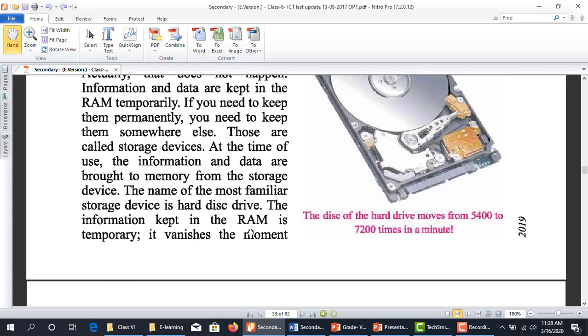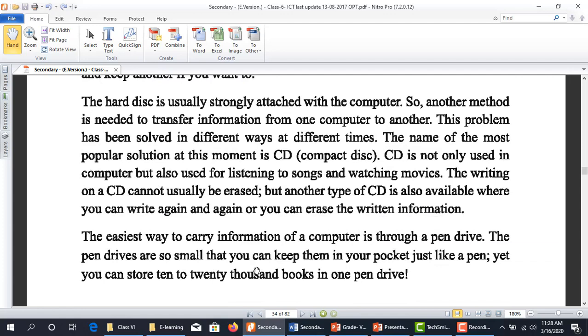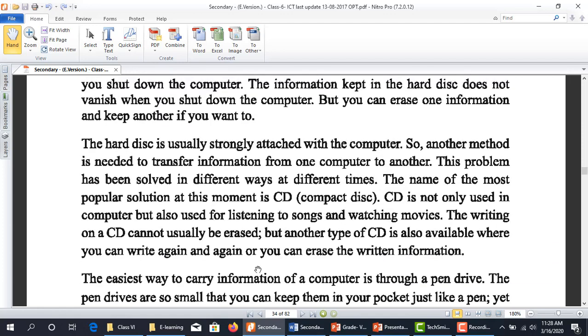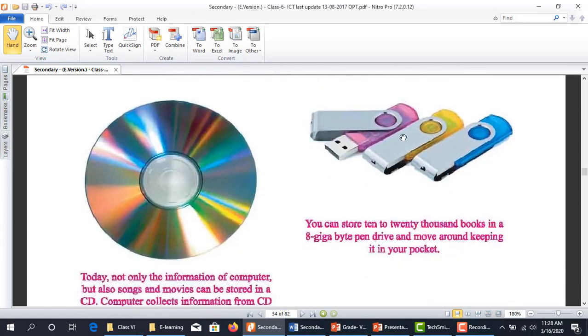There are some external memory devices, called the pen drive and the CD. CD means compact disc, and the pen drive is also a portable device.